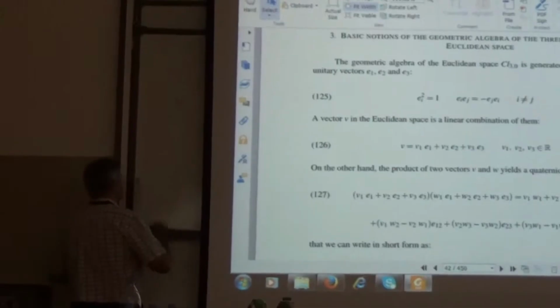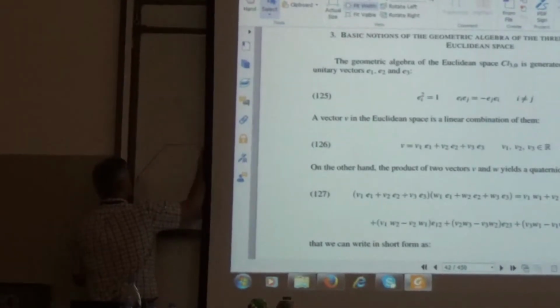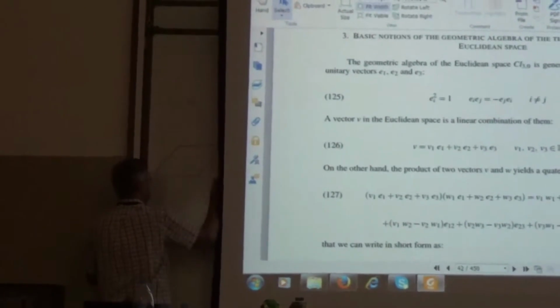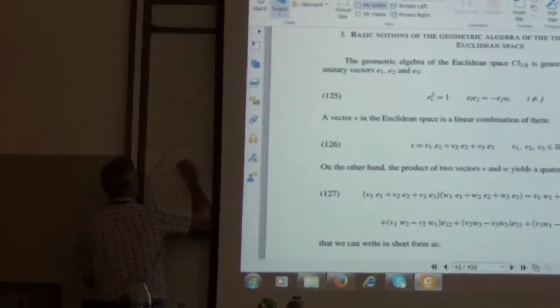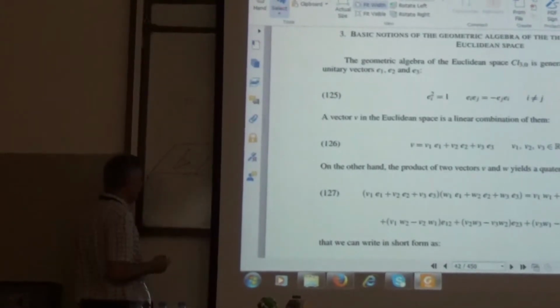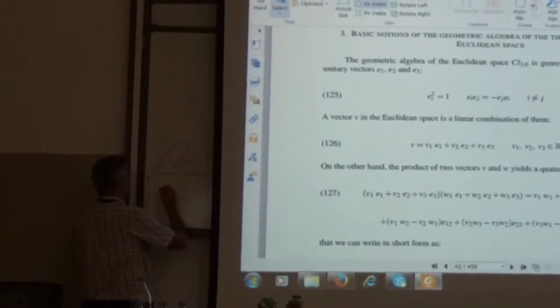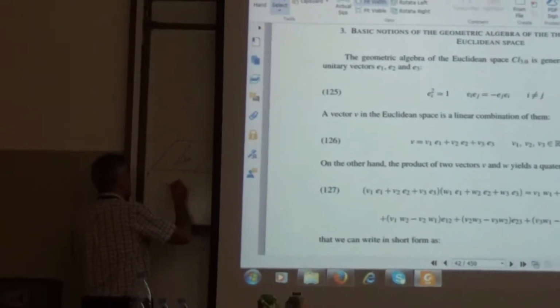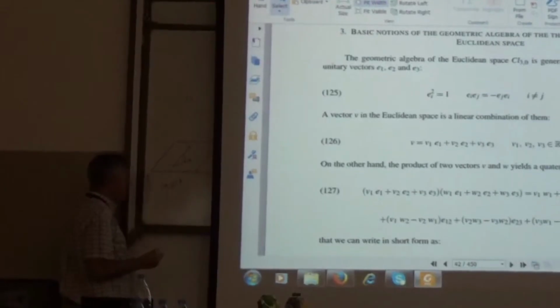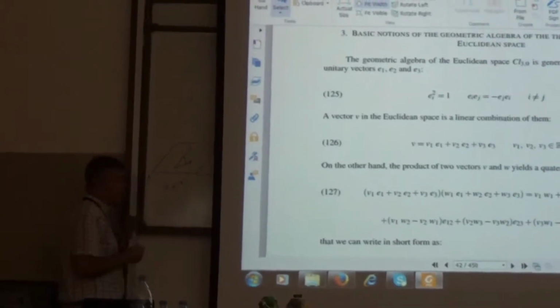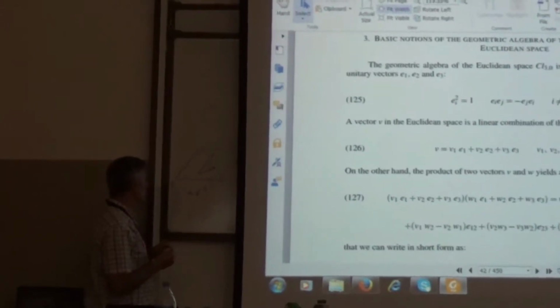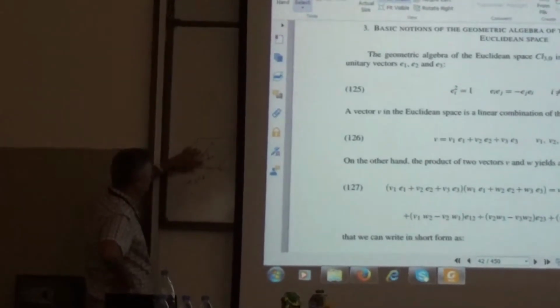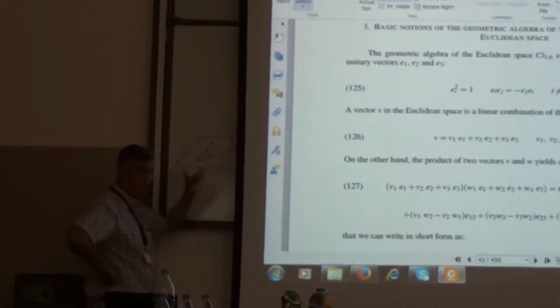Hamilton says, we take a desk, we have two vectors, and then he defines the quotient of these vectors in this way. I can obtain them, but the quotient is the same.